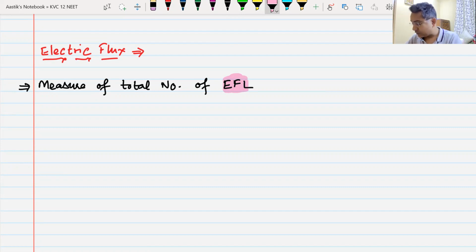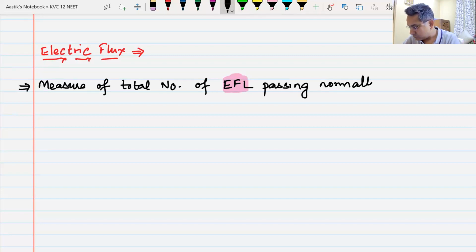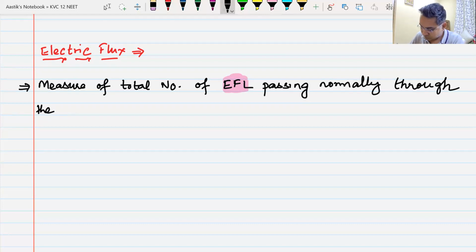It is a measure of the total number of electric field lines passing normally through the surface. It is a measure of the total number of electric field lines which are passing through the surface.